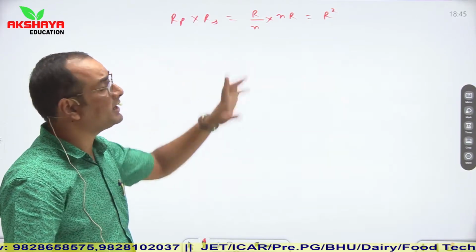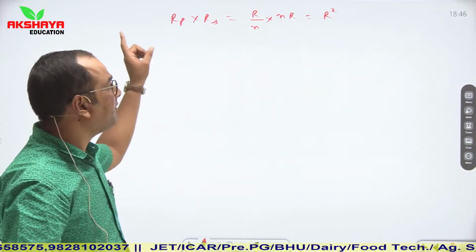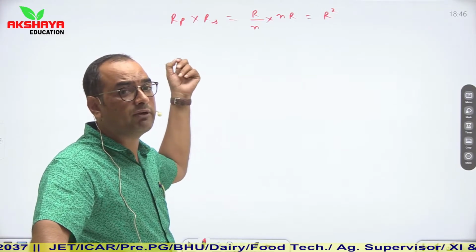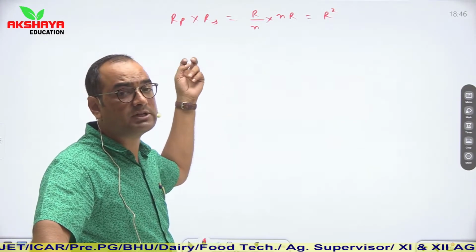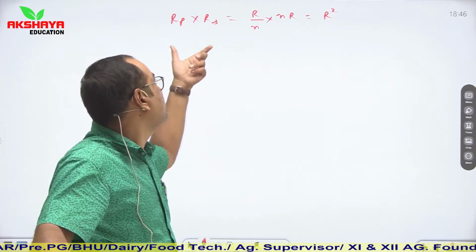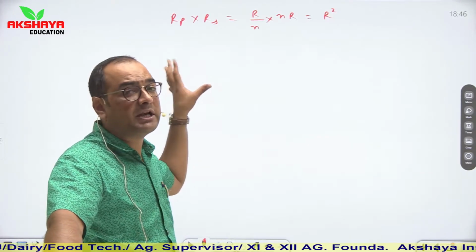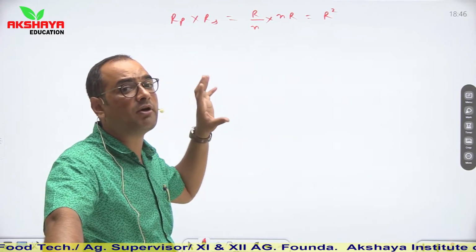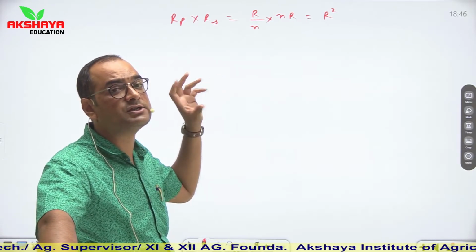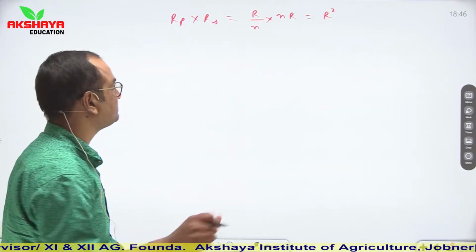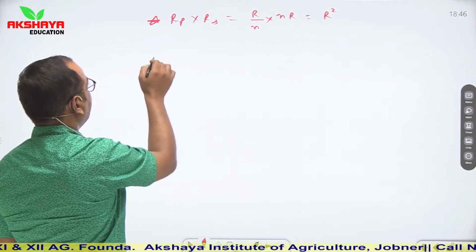It can be asked directly in your MCQs that if n resistors are connected in series and then in parallel, what is the multiplication of the resultants? Rp into Rs is equal to R square. It means this multiplication is independent of the number of resistances connected in series or parallel. It simply depends on the amount of resistance. So this is one pattern.